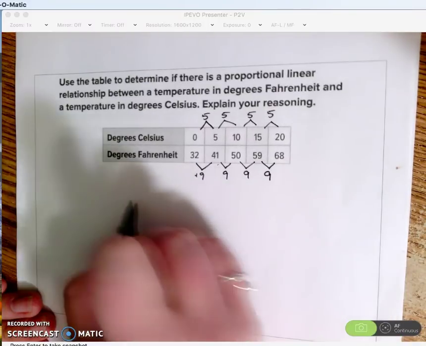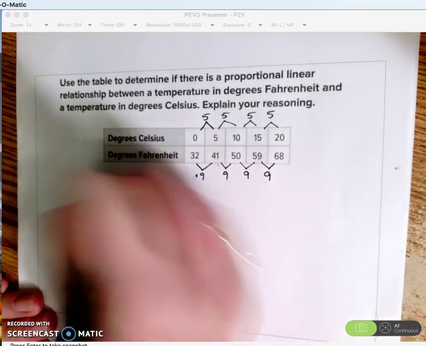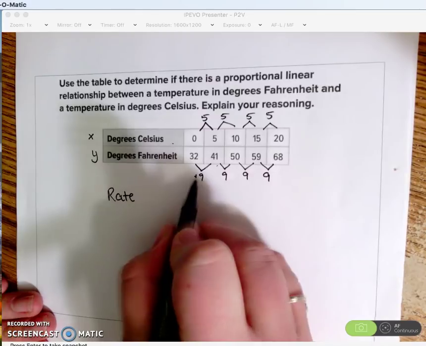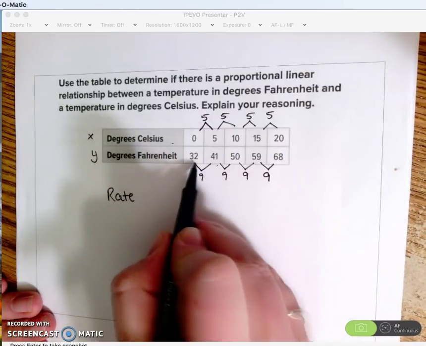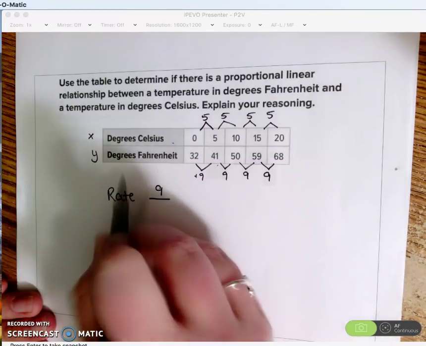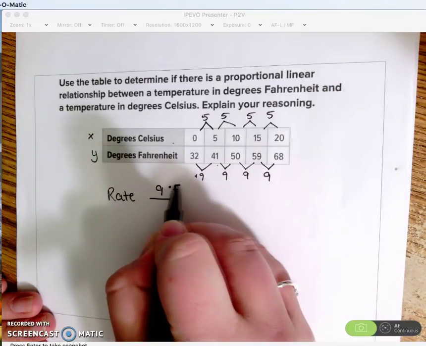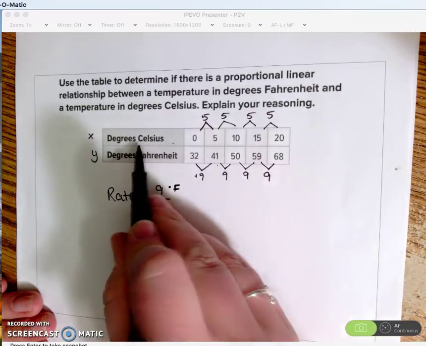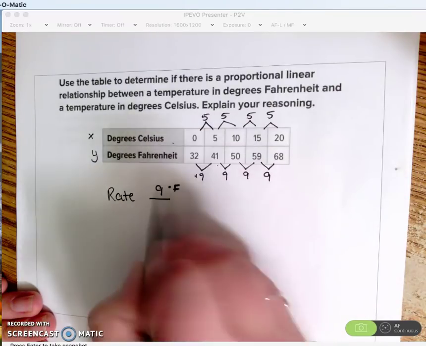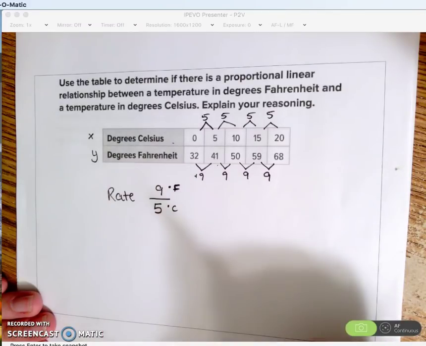So the rate of change is going to be that difference. Remember, if they're not labeled, I want to label them X and Y. So the change in the y, so from 32 to 41, what is the change? I'm going up 9, and that would be degrees Fahrenheit. And then my degrees Celsius, the change is going to be 5, and that would be degrees Celsius.